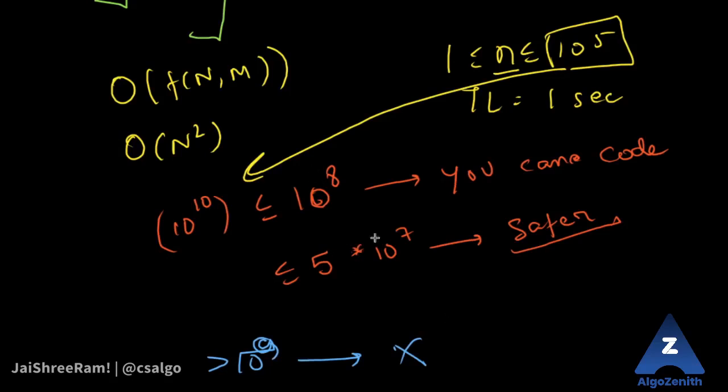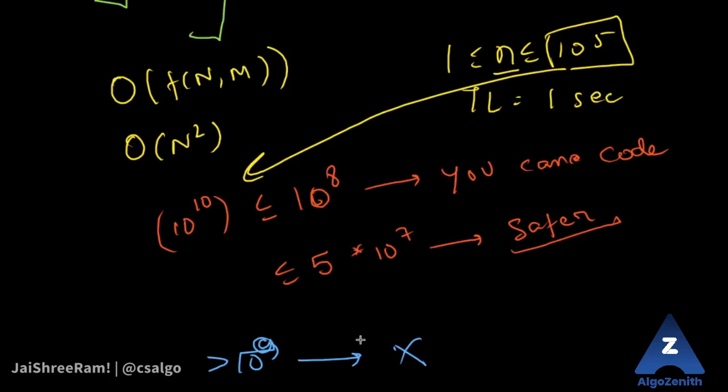Why do we take these smaller numbers even though it can handle 10 to the power 9? Because there are some constants that we dropped while formulating the order notation. If you drop the constants, there might be some extra multipliers over there. That's why in most cases, if an order notation gives you 10 to the power 8 or 10 to the power 7, that is safe and you can code the solution.